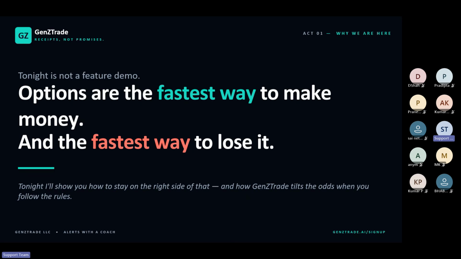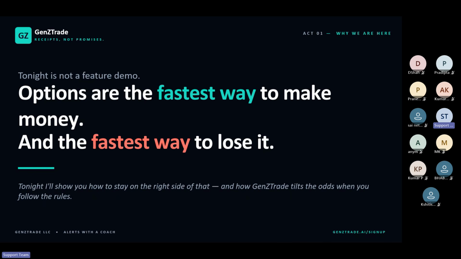When you buy an option call representing 100 stocks at a certain price, if the stock moves in your direction, the premium price will keep going up. But if the stock goes against your direction, if you're buying a call and the stock goes down, then the price of the premium goes down.